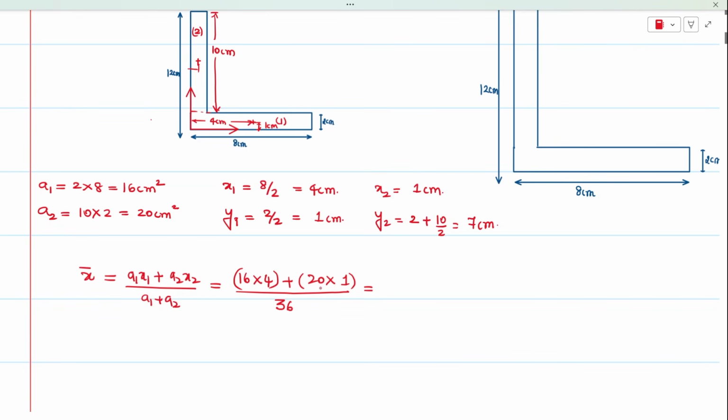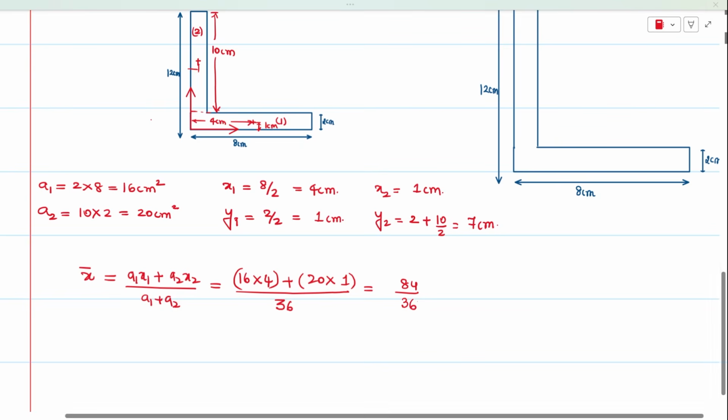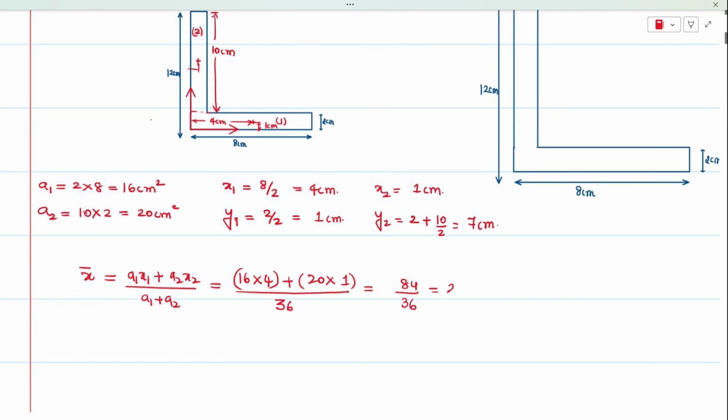So 16 4s are 64, 64 plus 20 is 84, 84 divided by 36. This will be slightly greater than 2. So upon calculation, we get 2.33 centimeters. This will be x bar.